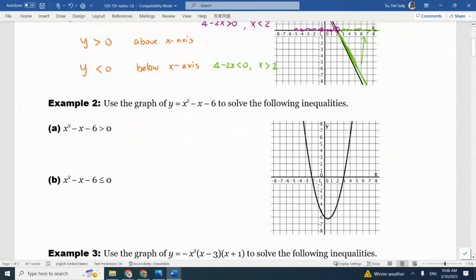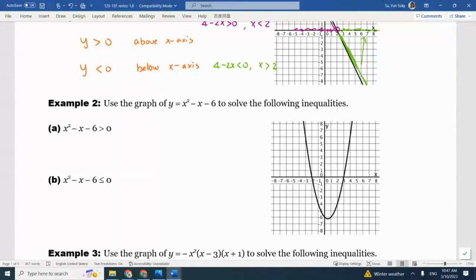Okay, look at this one. We are given the graph, and we know x squared is a quadratic function, is a parabola. Right, everybody? And we already know you can express this into the vertex form. Then you know the vertex, and you know the axis of symmetry. Right, everybody?